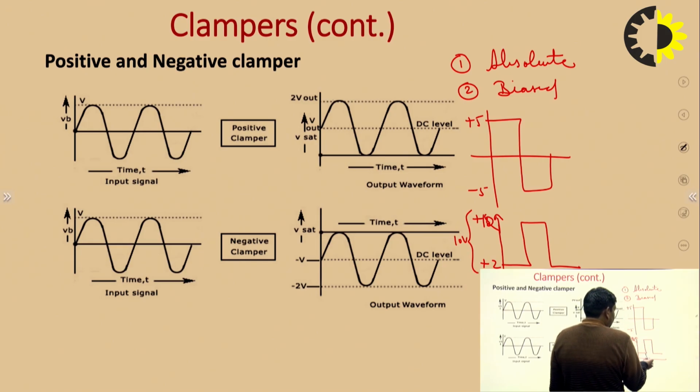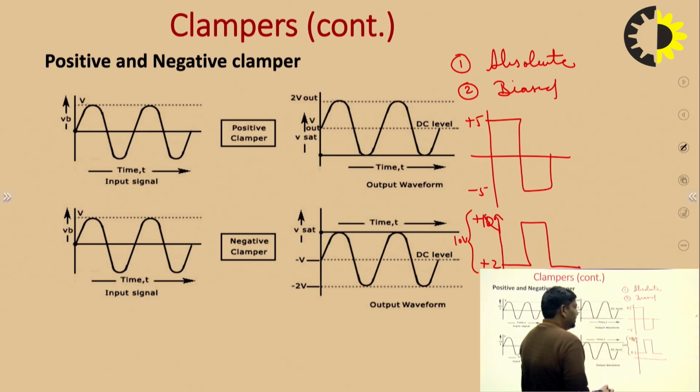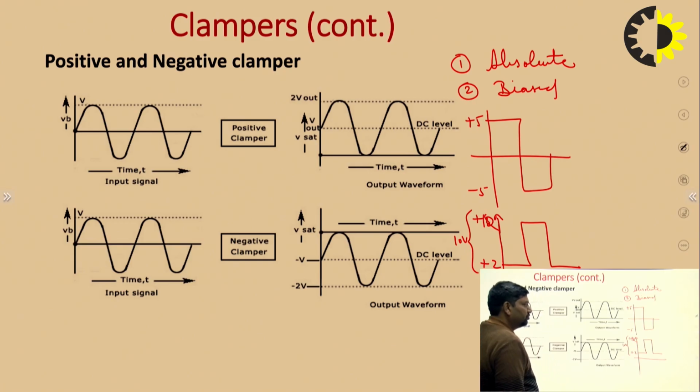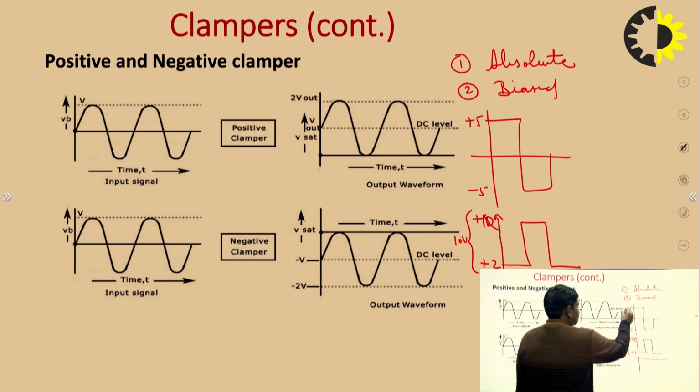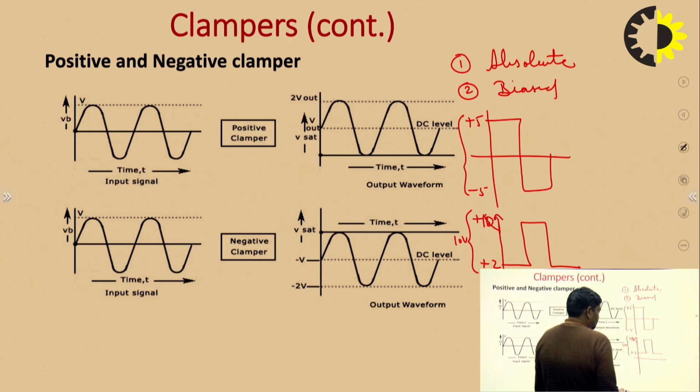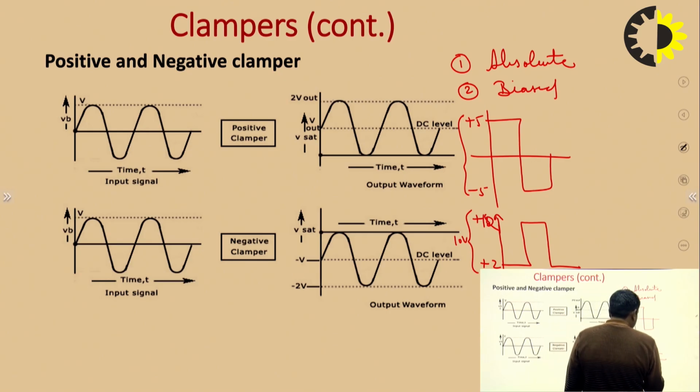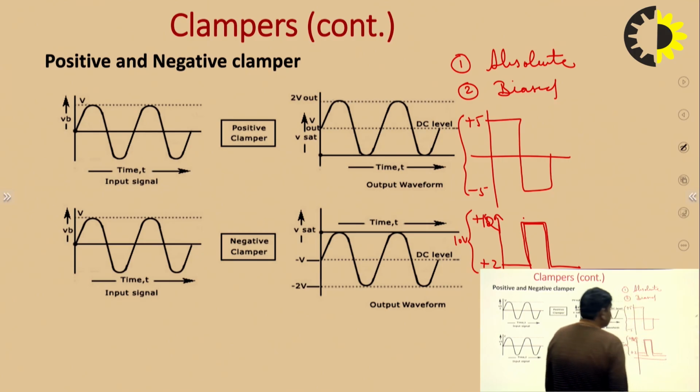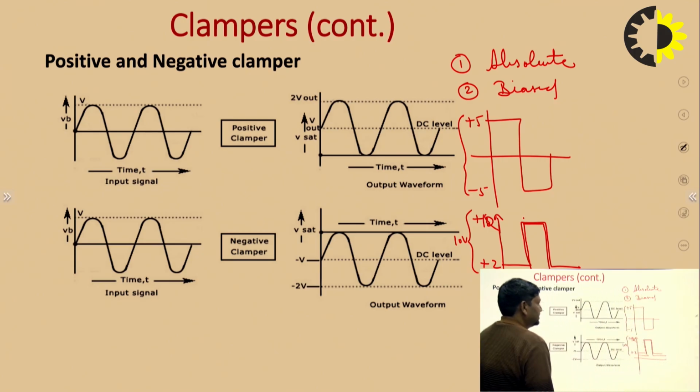This is the bias clamper circuit. We added 2 volt so the signal is shifted to 2 to 12 volt. So the 10 volt is the same here, or we can say 1 to 11. This is also an example of a positive bias clamper circuit.